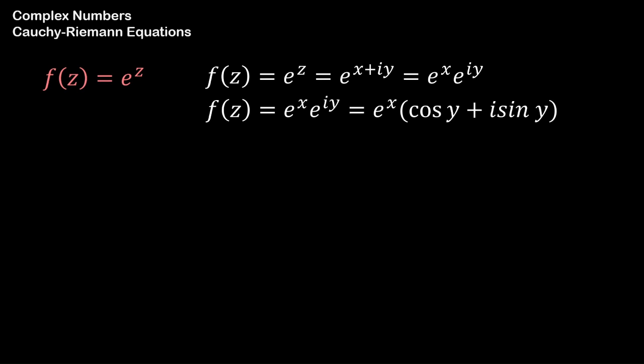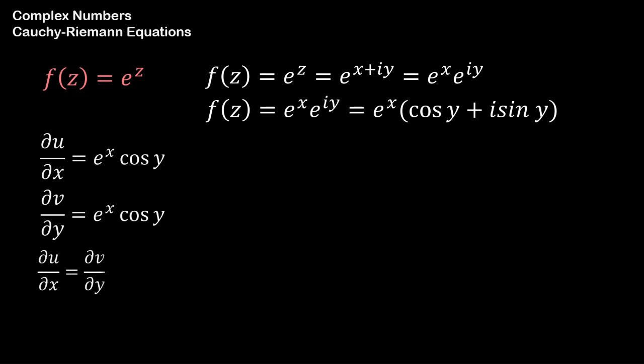Okay, first equality from the Cauchy-Riemann equations: taking the partial derivative of u with respect to x, that will be equal to e to the x cosine y. And the partial derivative of v with respect to y is equivalent also to e to the x cosine y. Therefore, we met the first equality of the Cauchy-Riemann equations.